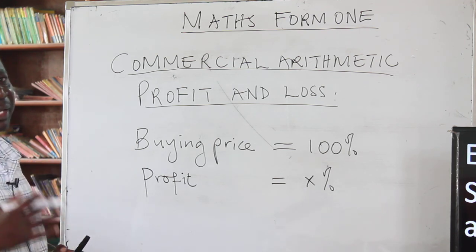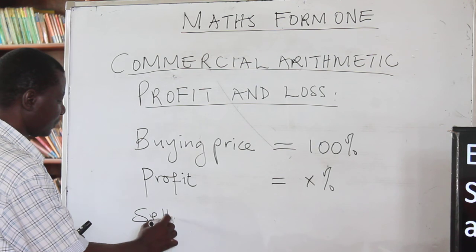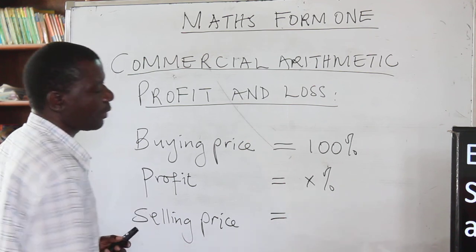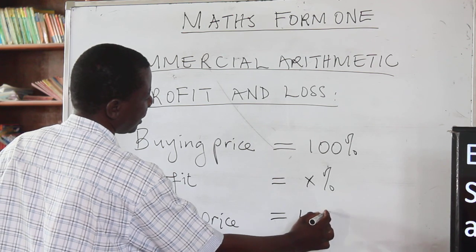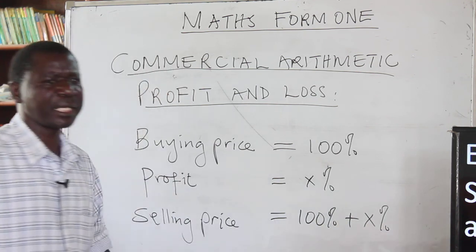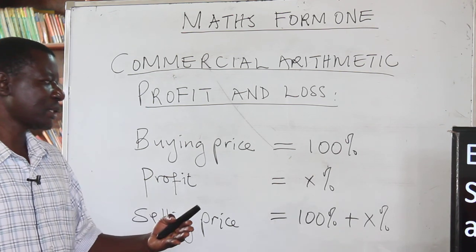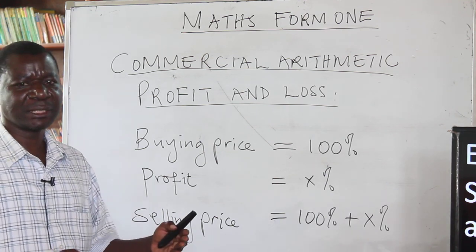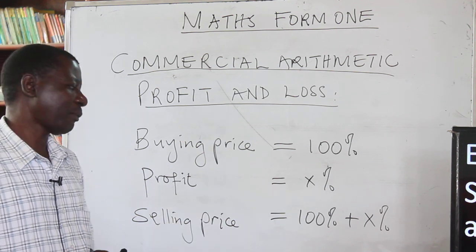So the selling price will carry the sum of the two, 100% plus X%, because the profit is the increment on the buying price. So the selling price adds the percentage of the buying price and that of the profit.